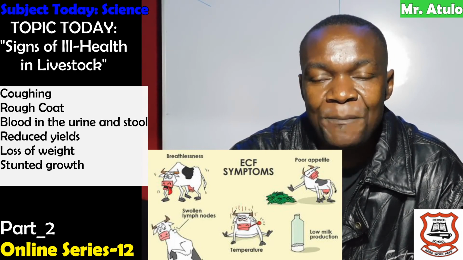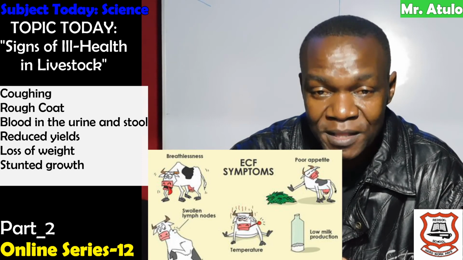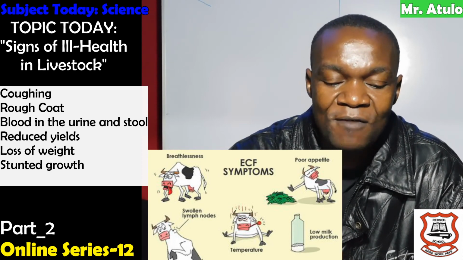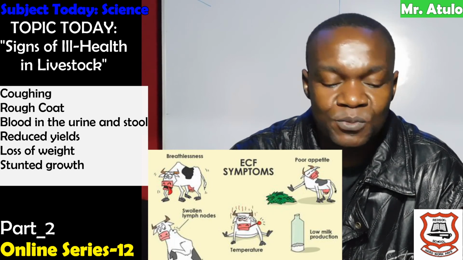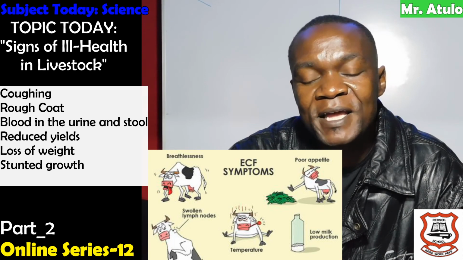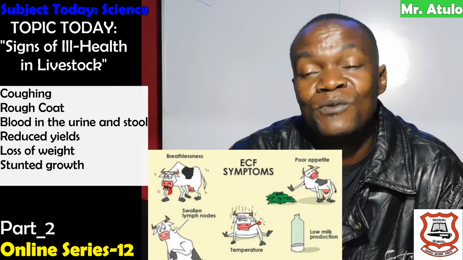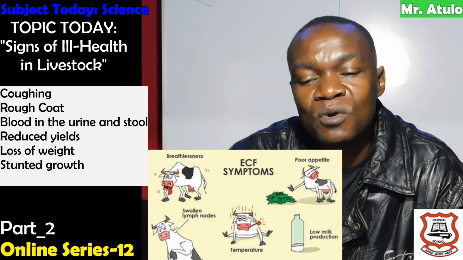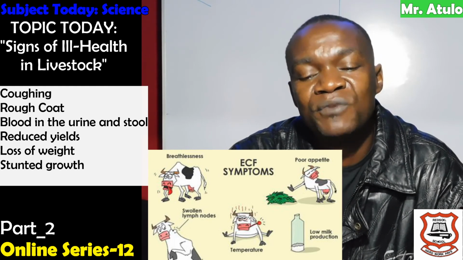Number 2, reduced quality of products. Apart from just getting the yields, we also need to get the best quality. So an animal that is not healthy will have reduced quality in terms of its products. The animal products which fetch good money in the market, if a farmer sells, you'll find them not being able to, because, for example, the eggs become very small. If it's milk, it becomes very watery.